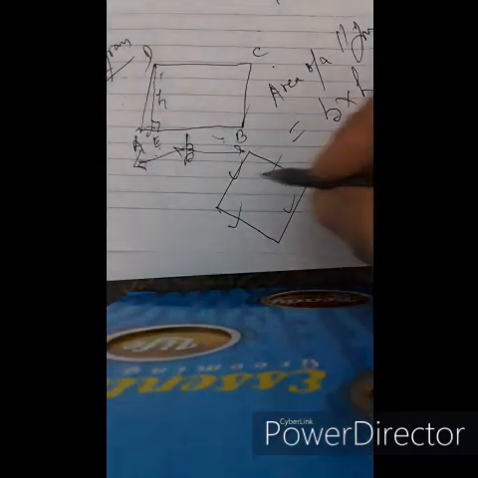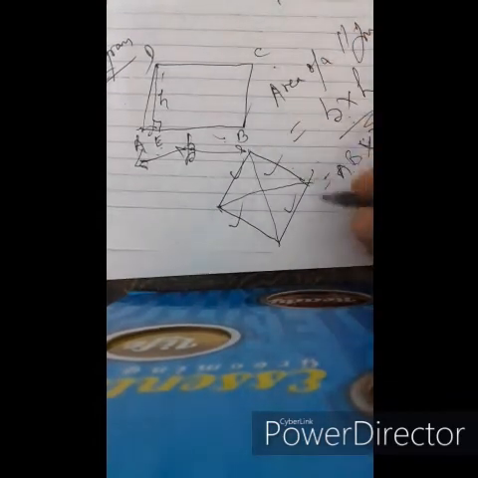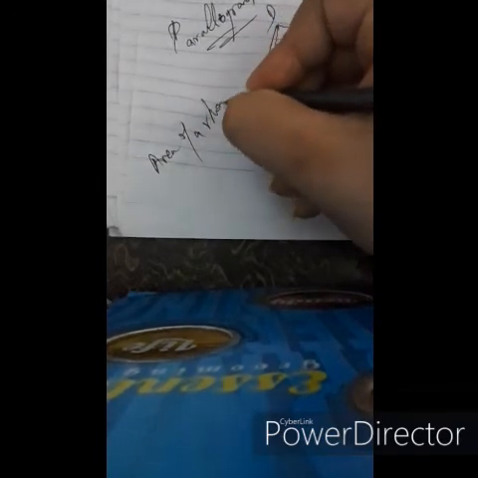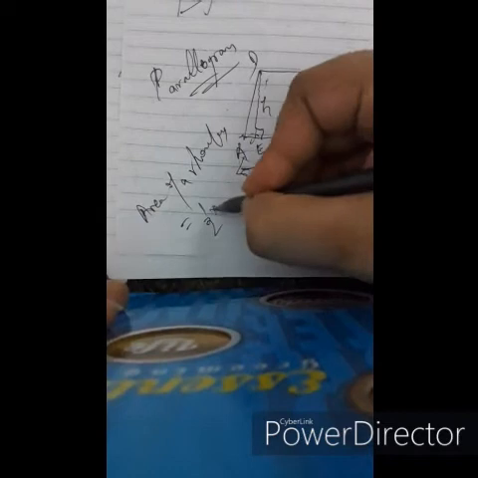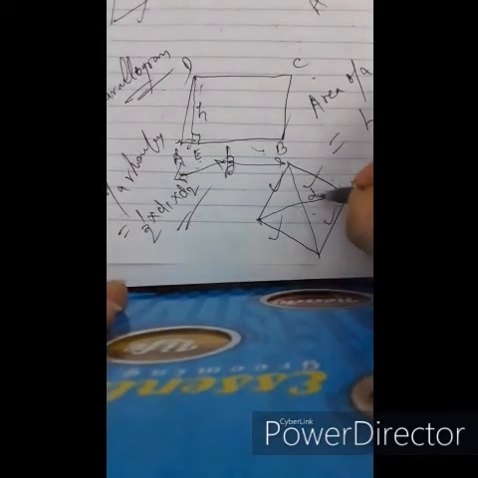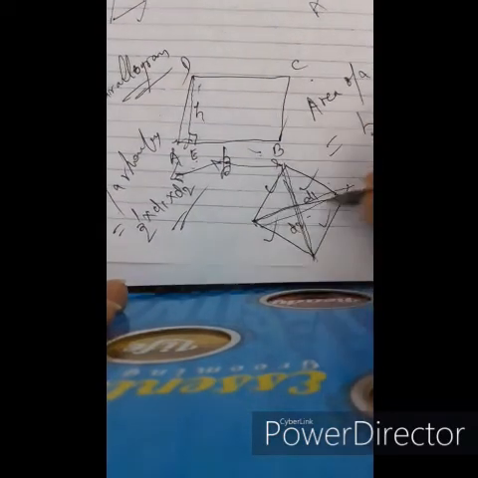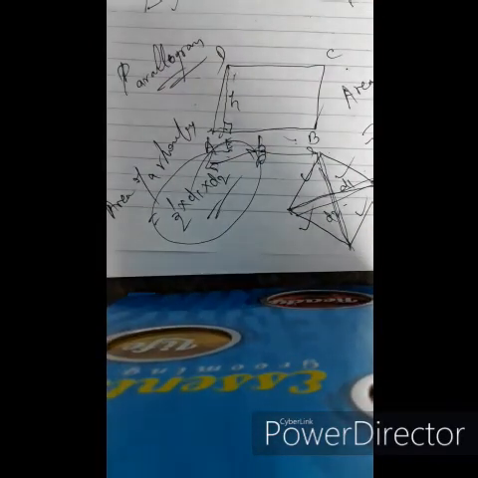If the diagonals of a rhombus are given, the area of a rhombus is given by half into diagonal 1 into diagonal 2. If this is diagonal 1 and this is diagonal 2, then the area of the rhombus is half into the product of the diagonals. It's just a simple formula.